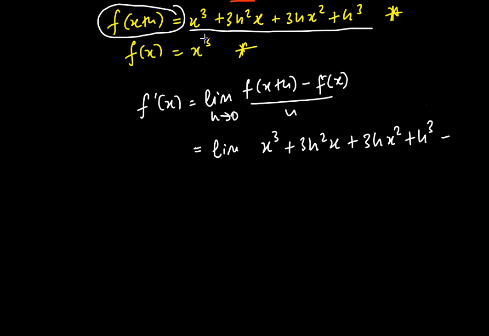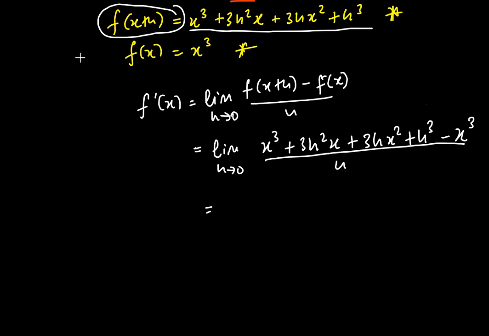F at x is x cubed, so I'm gonna say minus x cubed. Good people, remember this and that, they are not like terms, because here you have h squared x, here you have h x squared. So here x is not squared, here is squared, so that is not like terms then. Okay, then we have as h approaches 0, all of that divided by h.